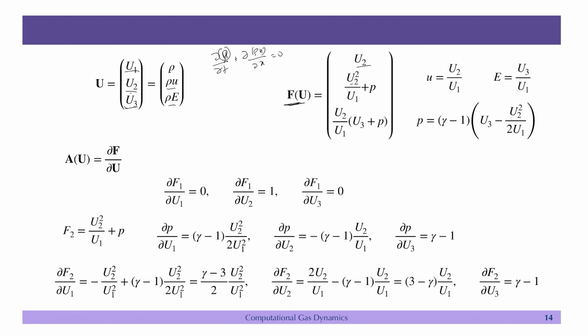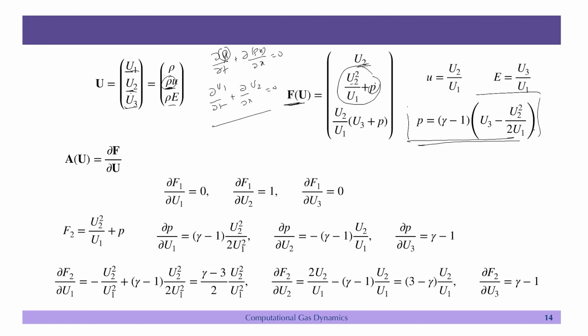Now, rho is equal to u1, so this is basically del u1 by del t plus del by del x of rho u, and rho u is equal to u2. This is the first one, so this is how it will be written. This is u and this is u1, this is u2. Similarly, you have to write the second one also, which is rho u in the conservative form, and the expression in the flux f you write in terms of u2 and u1, and p I have written separately, but you can also write p in terms of u1, u2 and u3.